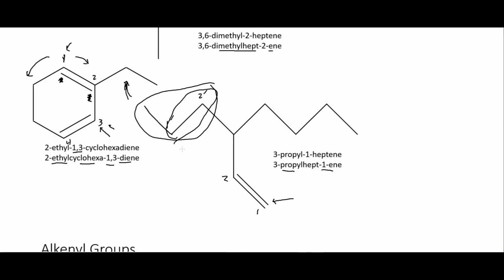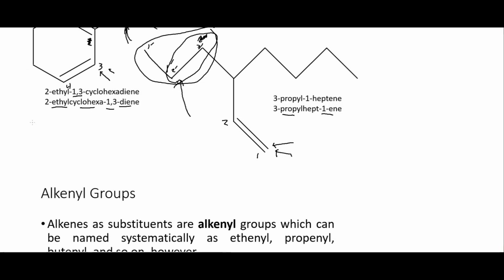And the reason to show that is because this is actually longer now. So 1 prime, 2 prime, 3 prime right here. So this is actually longer than this chain here, but the double bond again takes priority here. And so we always start counting from the chain that has the double bond on it.